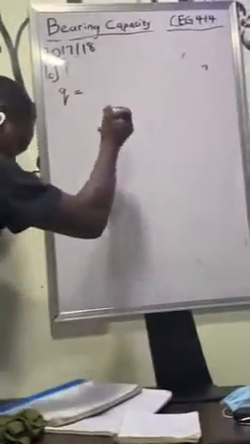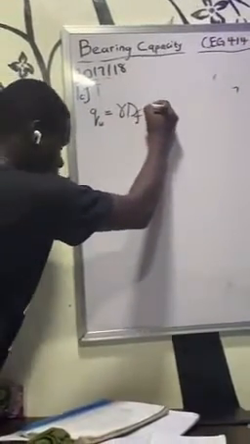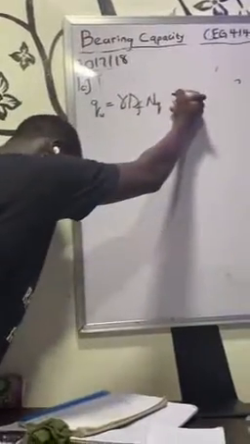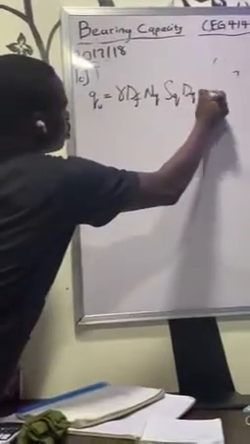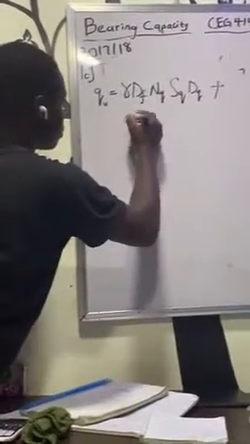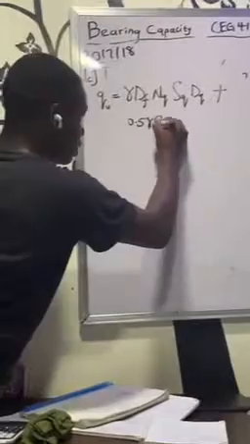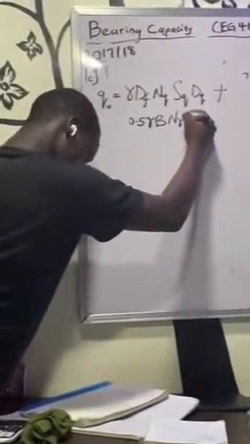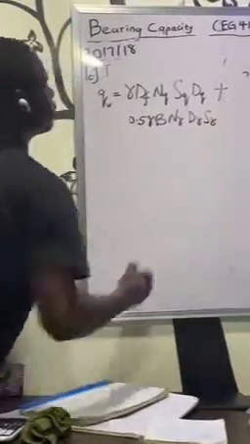Meyerhof's formula is QU equals, Q NQ SQ DQ, plus 0.5 gamma B N gamma S gamma D gamma.